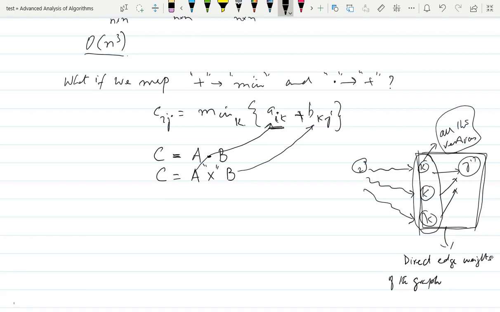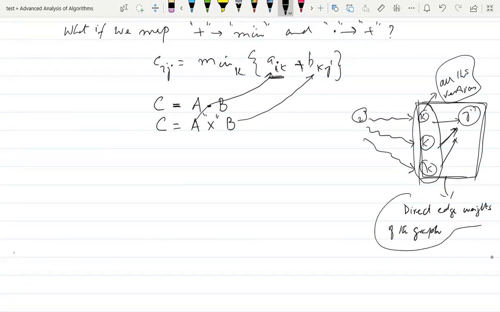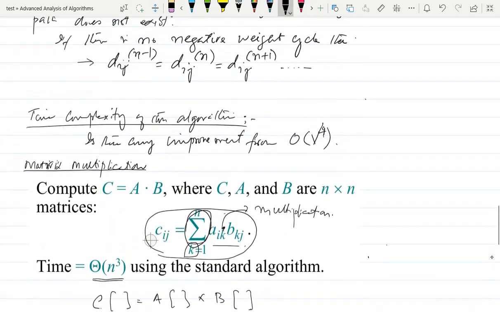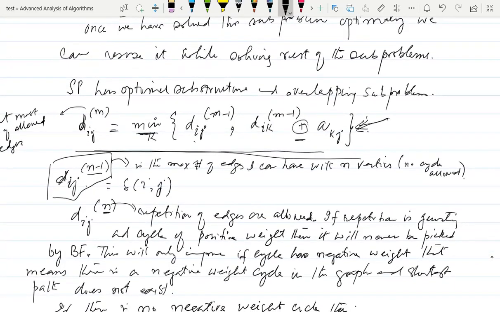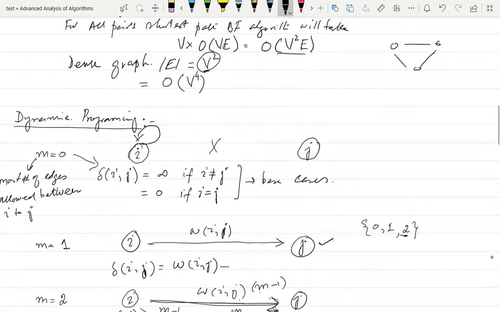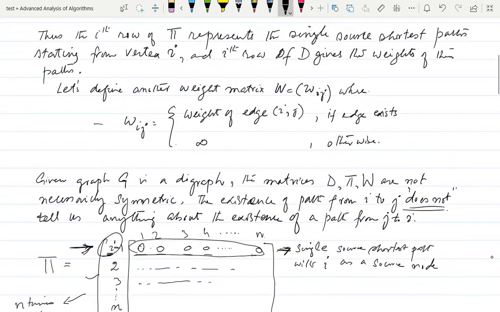Remember that we are talking about the direct edges. Have we defined this direct edge weight somewhere? Let's look back. We have defined a direct edge weight matrix somewhere over here. There you go. This is what we have defined.